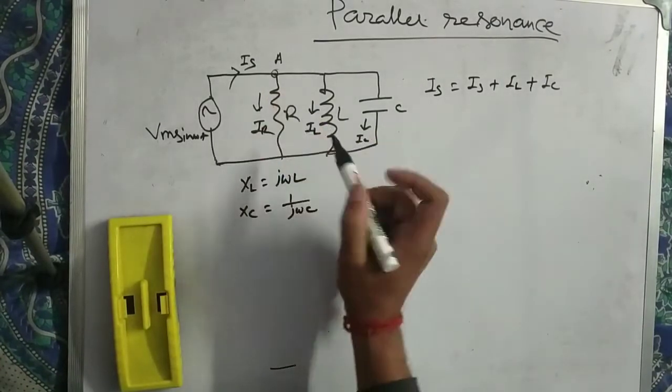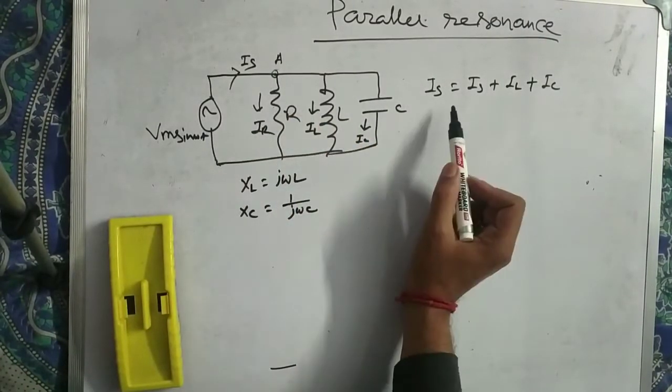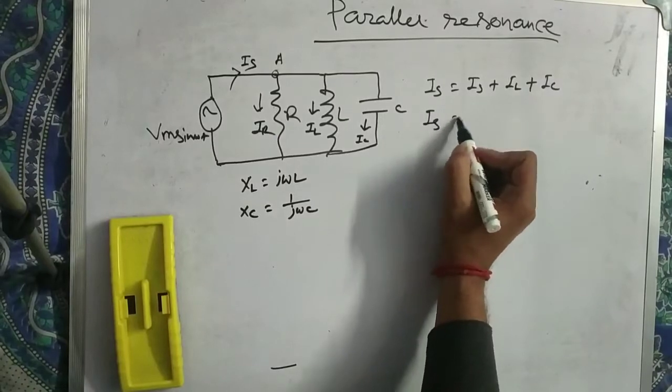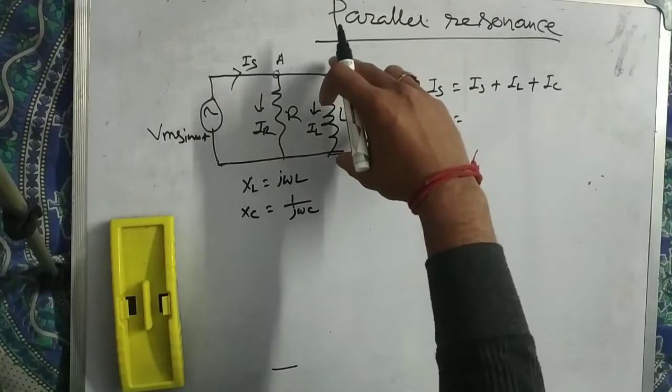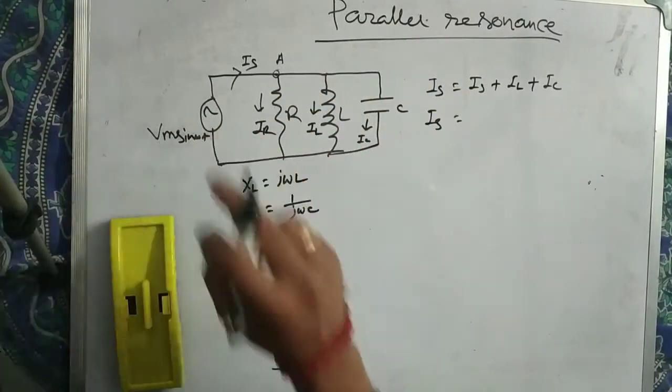So at this point A, if we apply nodal analysis, all are in parallel, so voltage across resistance, inductance and capacitor are Vm sin omega t.